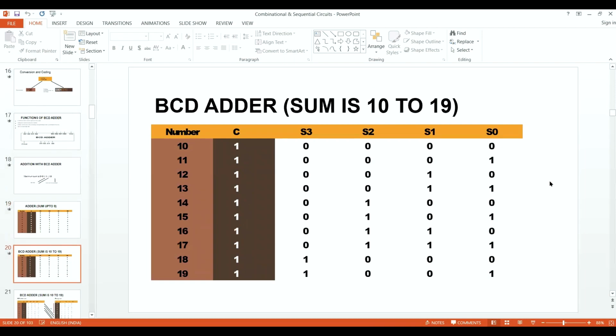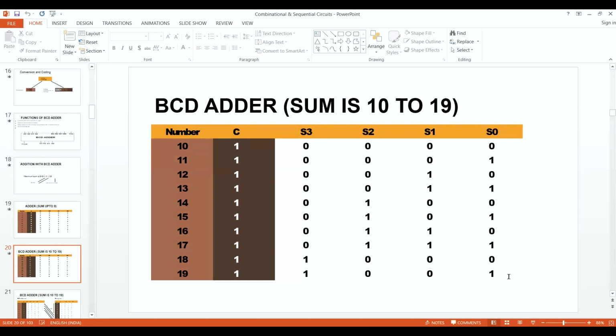But whenever it is exceeding 9, now I'm talking about 10 to 19, the carry would be turned high. But see over here, again I am writing 0 to 9. I hope this is clear. The select lines are not going to depend on the decimal value, because it depends upon the carry value. If the carry is 0, it would go 0 to 9, and when the carry value is high, it again goes 0 to 9.